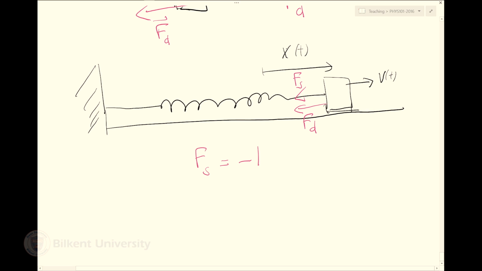The force of the spring is minus k times x of t, and the drag force is minus b times v of t.